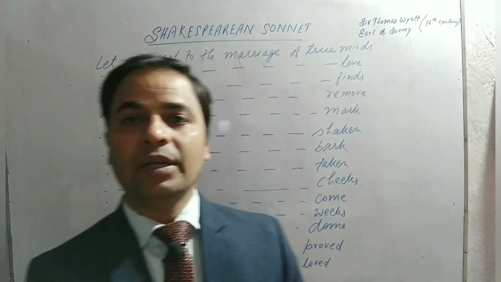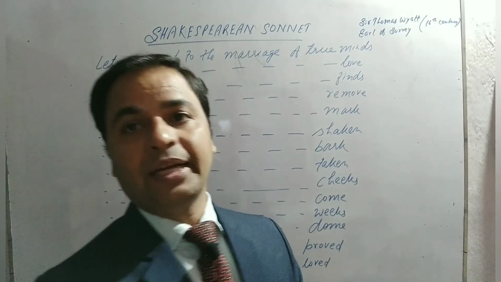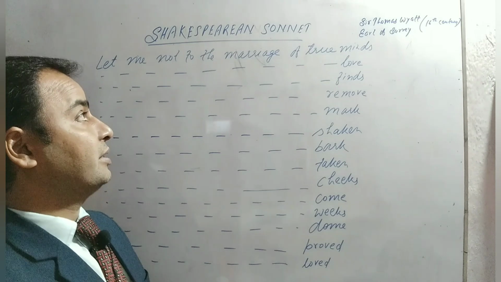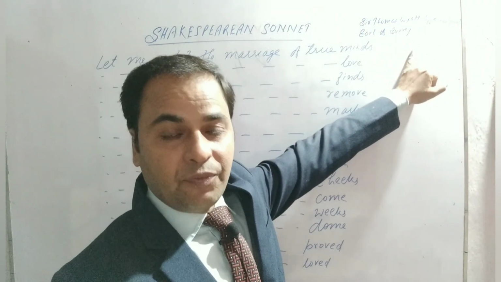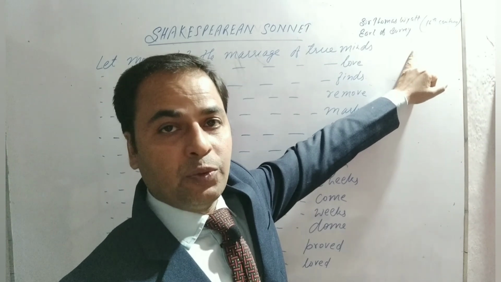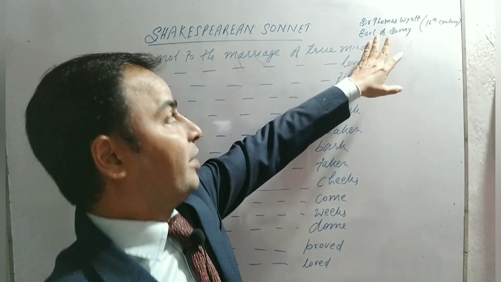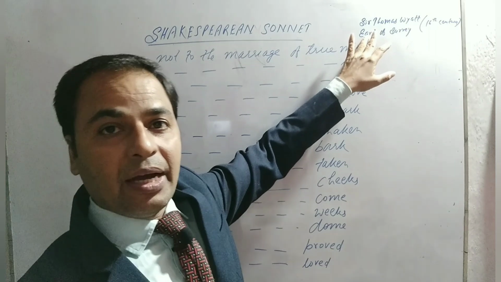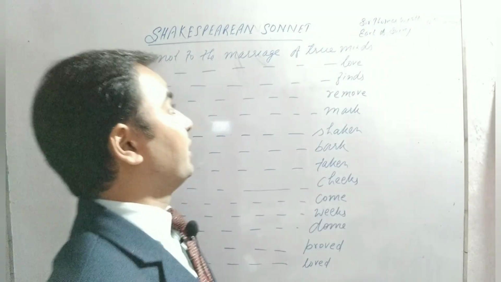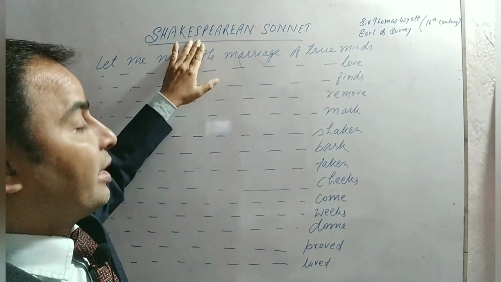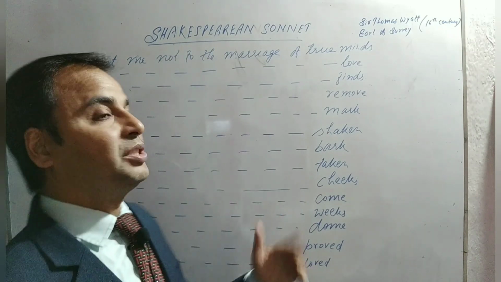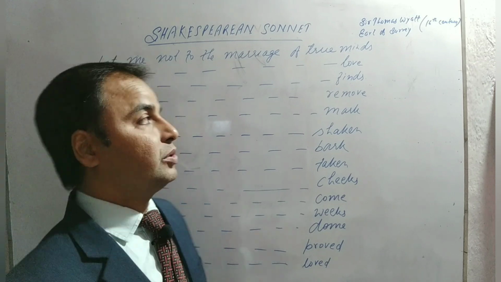Now we are going to learn the second type of sonnet, that is the Shakespearean sonnet. Friends, Sir Thomas Wyatt of England was the first person who introduced the sonnet to English. But it was popularized by the Earl of Surrey. Shakespeare is given the credit for bringing changes to English sonnets.